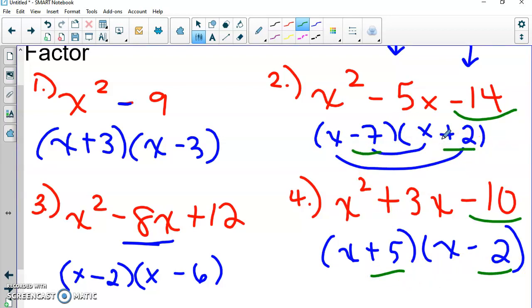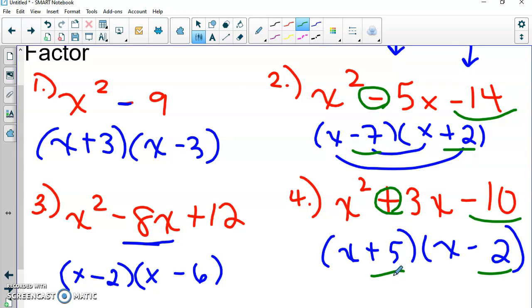The bigger of the 2, the one with the bigger absolute value, the one that's further away from 0, meaning negative 7, technically is smaller than positive 2, but negative 7 is farther away from 0 on the number line than positive 2 is. So that's the one that takes on the sign of your B term, your middle term. So since 3 is positive here, 5 gets the positive.